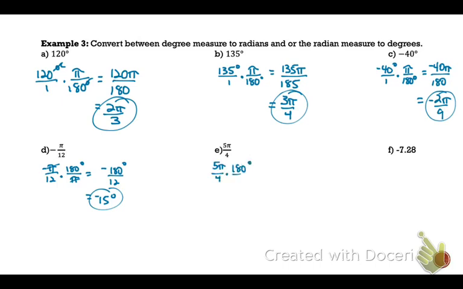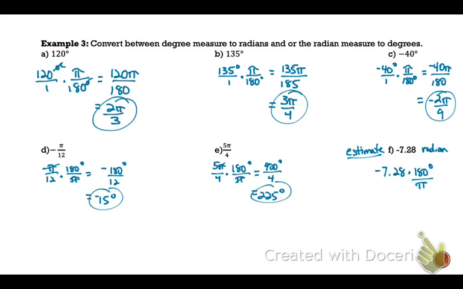Same thing for the 5 pi over 4. We'll take it times our conversion factor. Our pi's divide out, and so we multiply and get 900 degrees divided by 4, which is 225 degrees. And finally, when we start with a decimal, that is our signal that we can go ahead and estimate our answer, which means give our answer in decimal form.